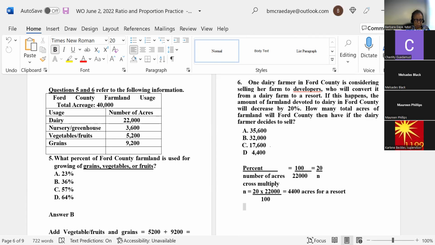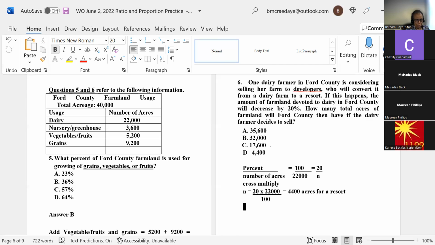How would you find that? So what I do is when I cross multiply, I multiply 22,000 by 20, and that answer I divide by 100 and I get 4,400 acres left.